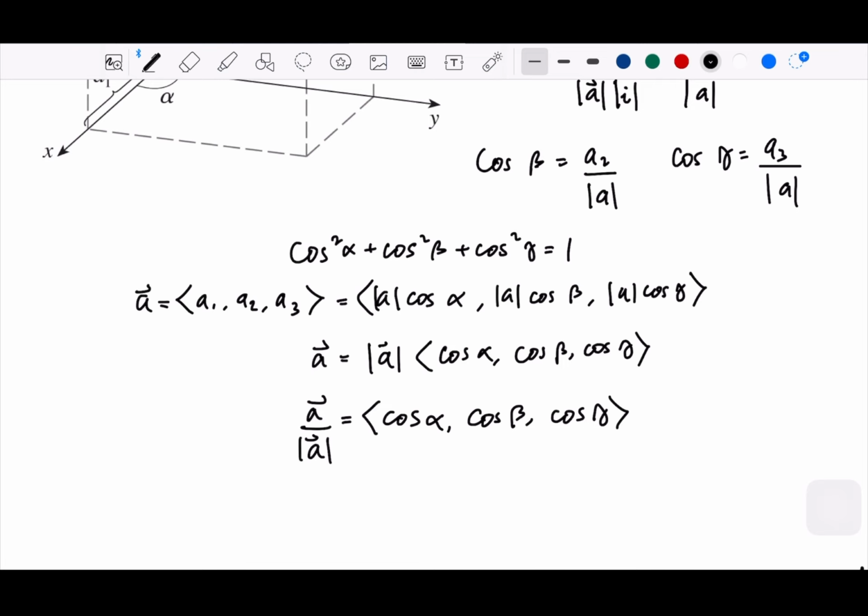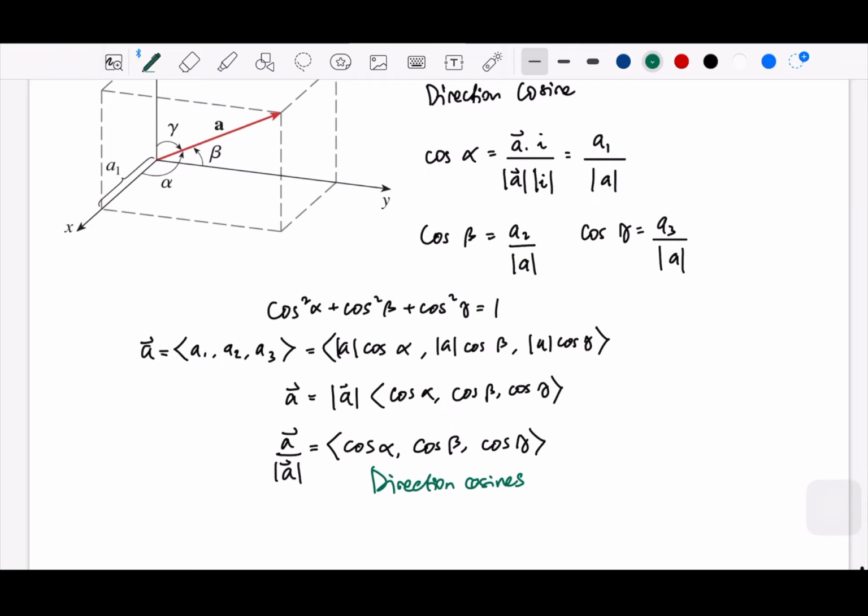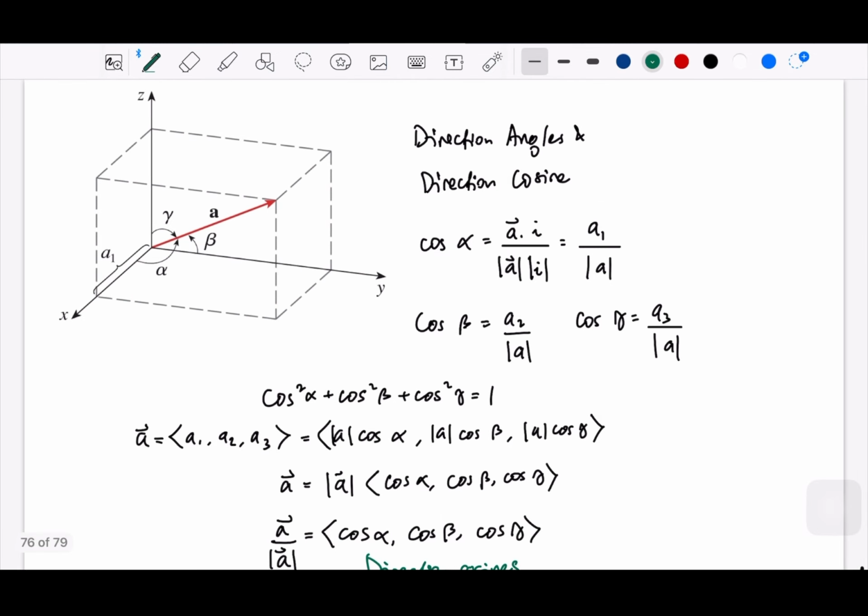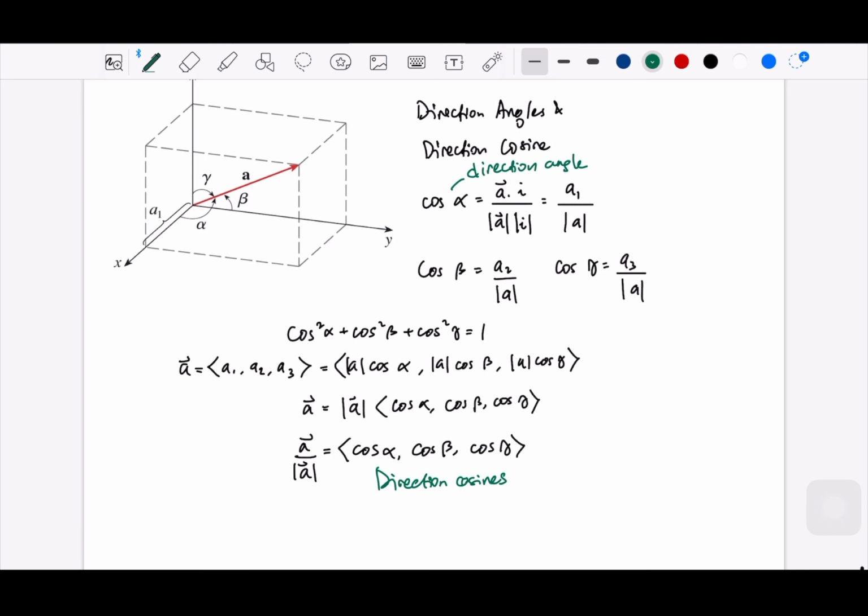And this is what we call the direction cosines. And this is the direction angle.